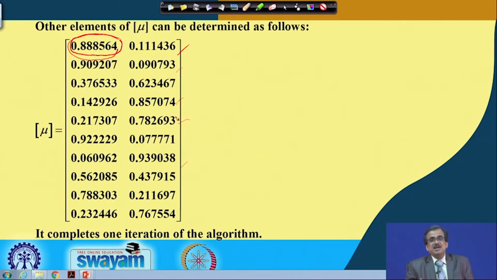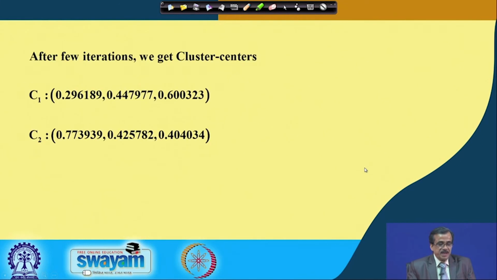These iterations will go on, and after a large number of iterations, there is a possibility that we will be getting modified cluster centers and modified values for this membership.